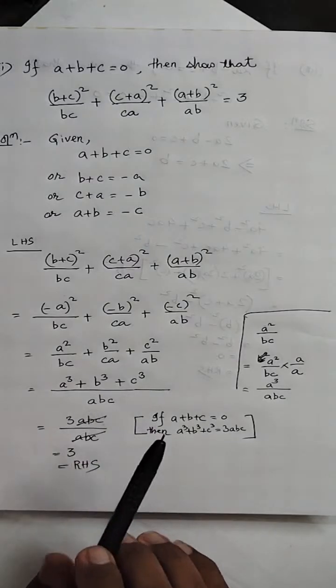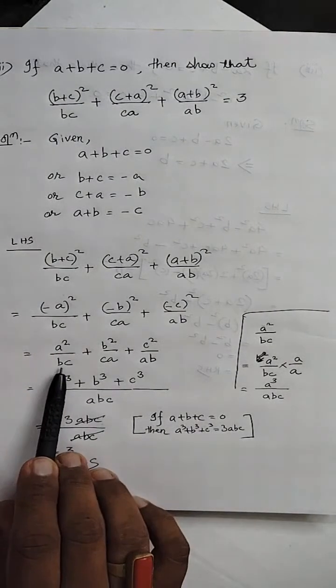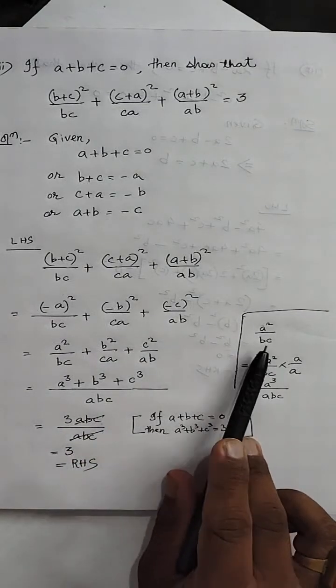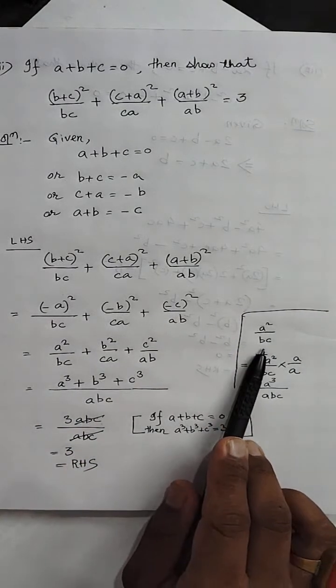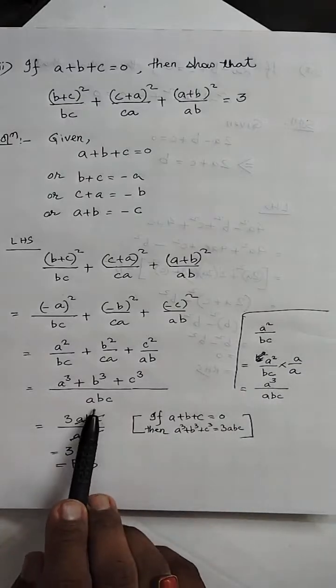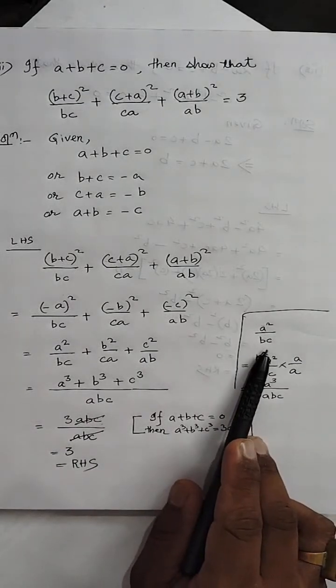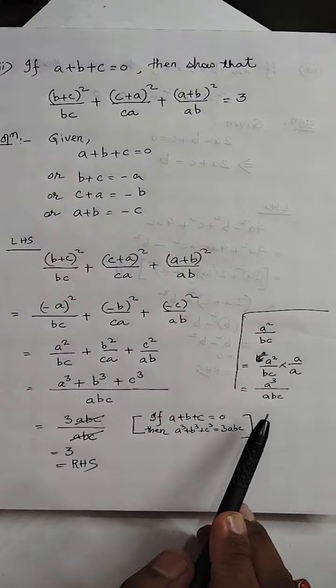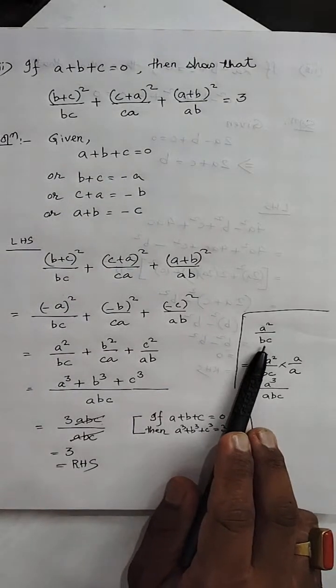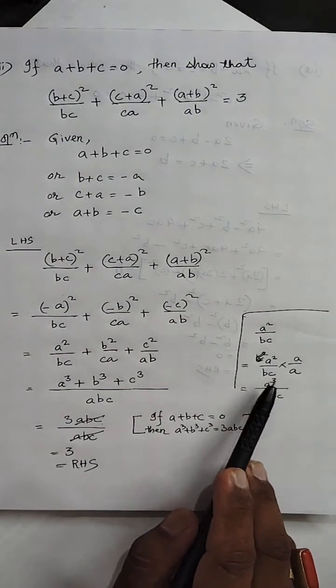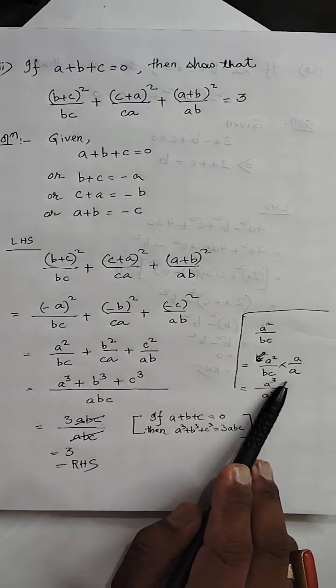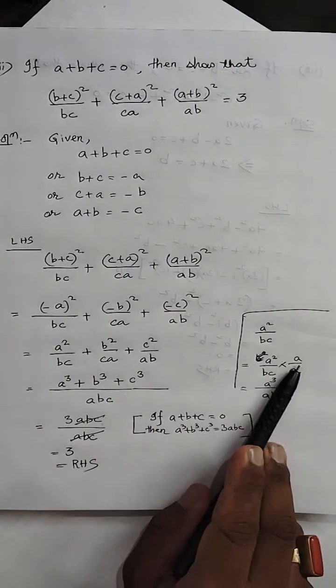Okay, to convert bc, अभी चीज़ क्या है, I have just shown it here. जैसे कि a square by bc है, तो since the LCM is abc, मतलब कि denominator को abc बनाना है, is it? So if you want to make the denominator abc, we have to multiply a. If you are multiplying a to the denominator, you have to multiply it to the numerator as well.